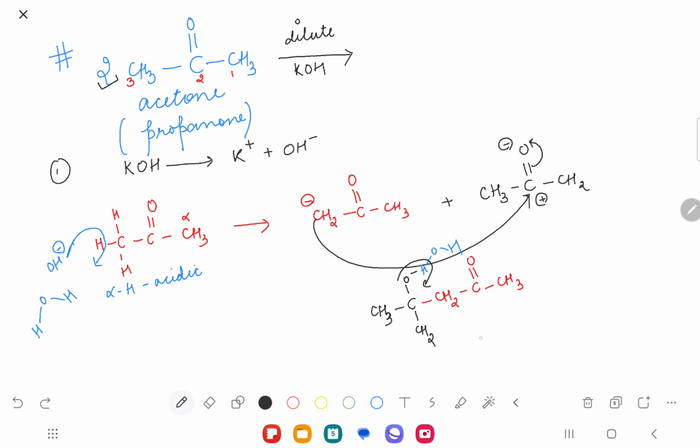The final product shall look like CH3, C, O, H coming back from water, and CH2. And we have CH2, C double bond O, and CH3. So this shall be my final product.